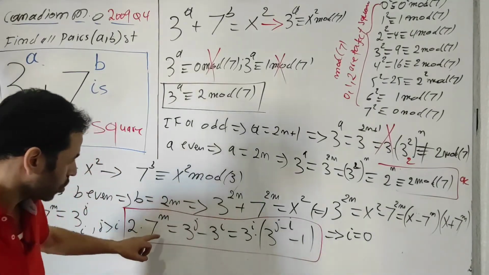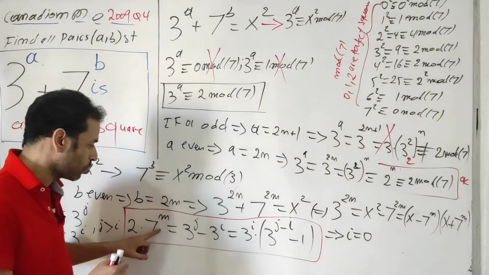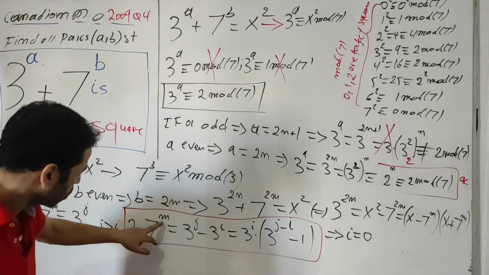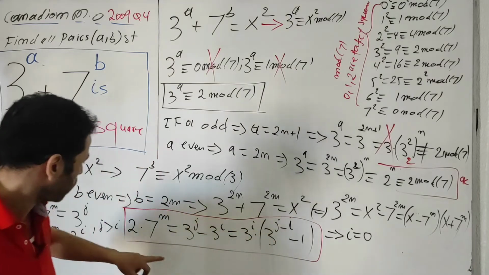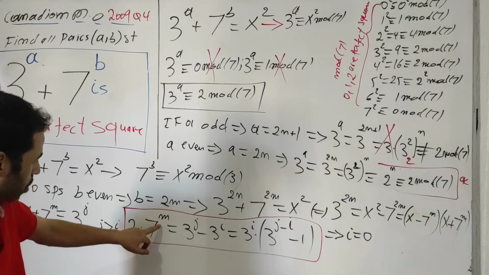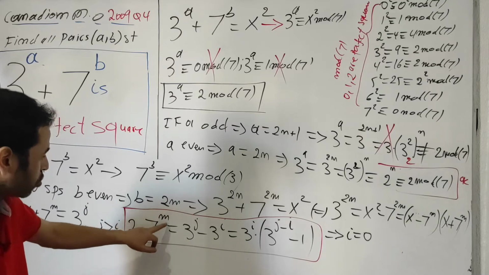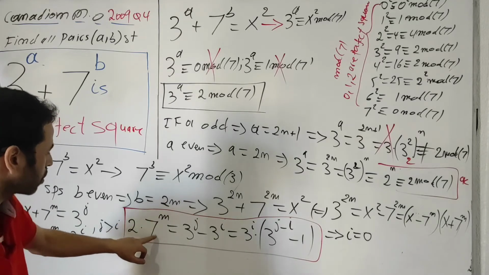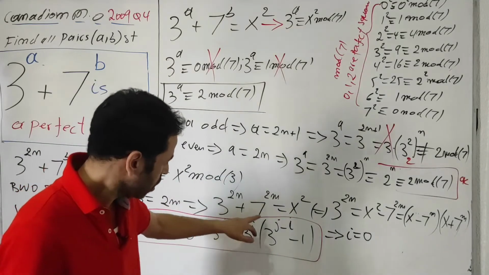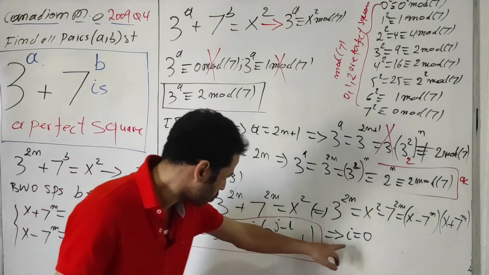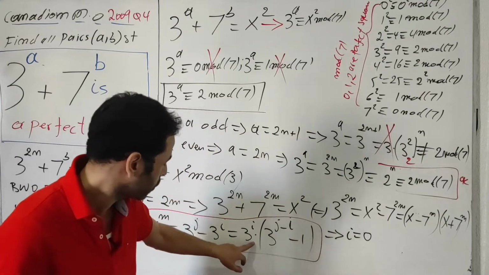So the only condition to fix this issue is to give m equal to 0 and j equal to 1. If we give m equal to 0, then 7 to the m turns to 1, so we have 2 multiplied by 1, which is 2. On the right-hand side, as we mentioned before, 3 to the i equals 1 with i equal to 0, so we have 1 here.